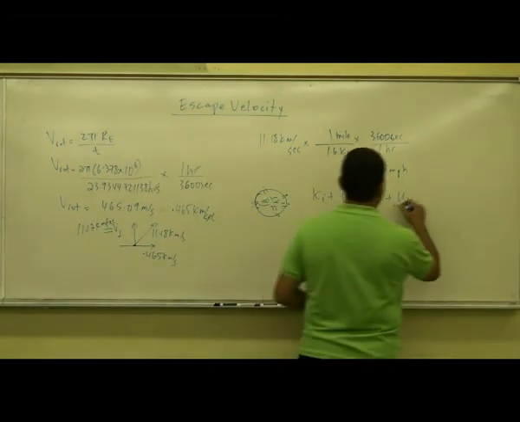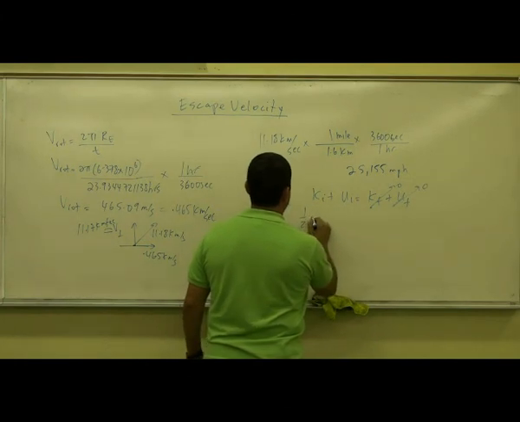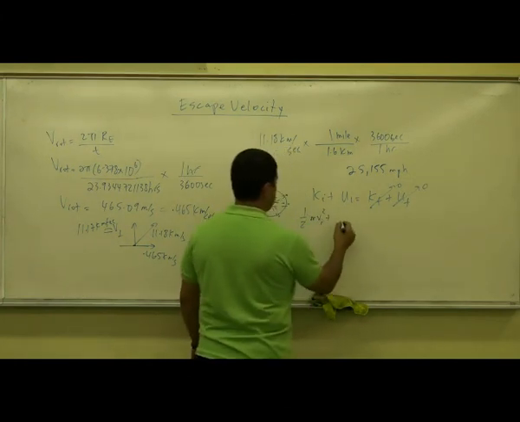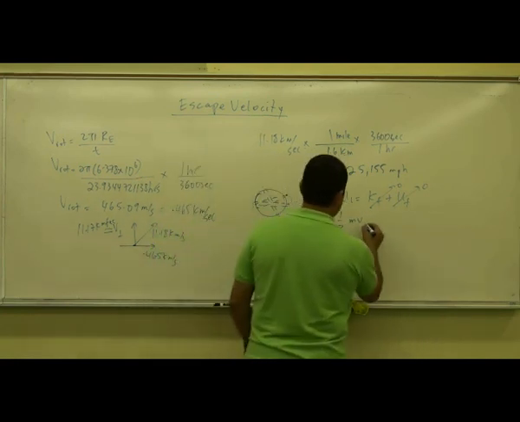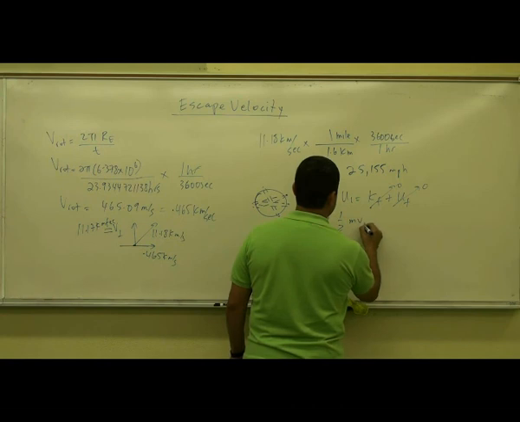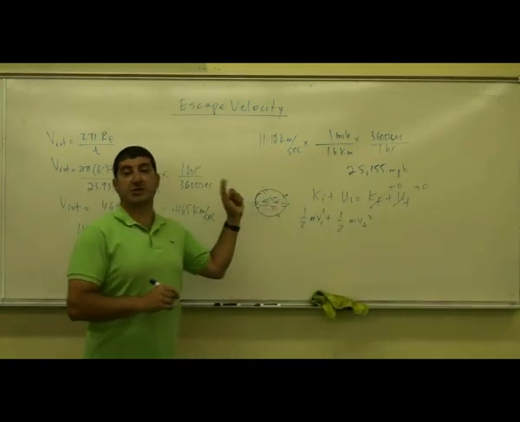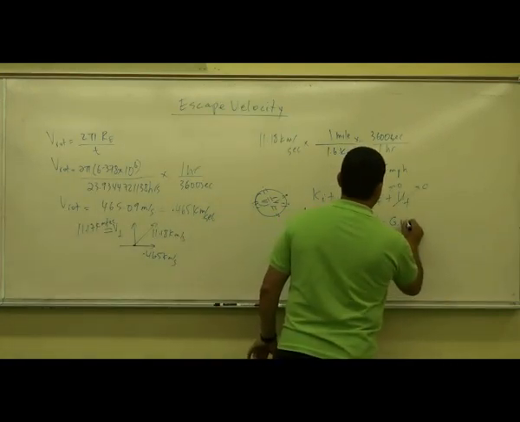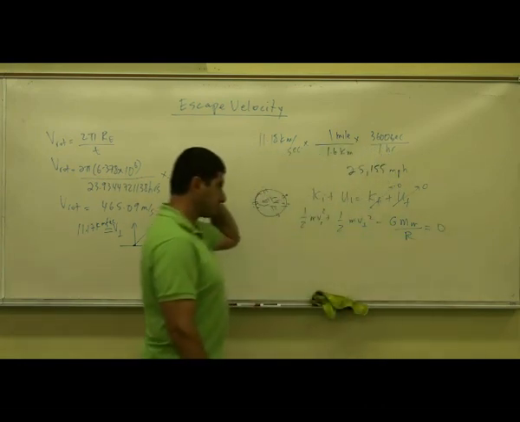The potential final is still 0, kinetic final is 0, so you have half m v initial squared, plus half m v perpendicular squared, because it's going around the circle, it's a centripetal velocity, minus G M m over r is equal to 0.